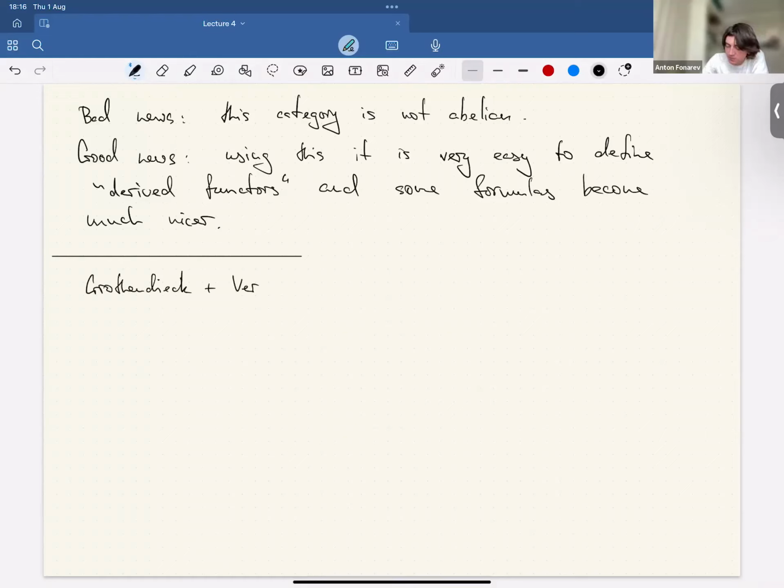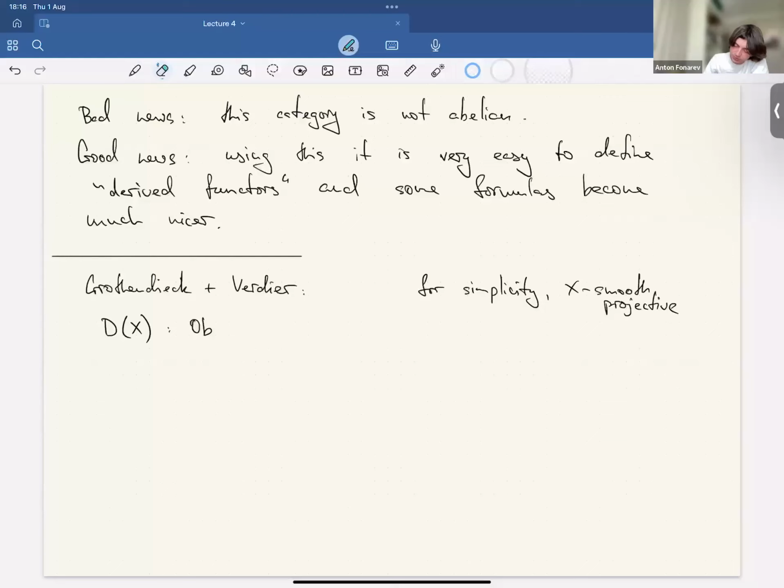They say specifically that what we do is we define a category, the derived category of X. So for simplicity, X is smooth projective. We define D of X to be the category where objects, well, let me first do it in a proper way.